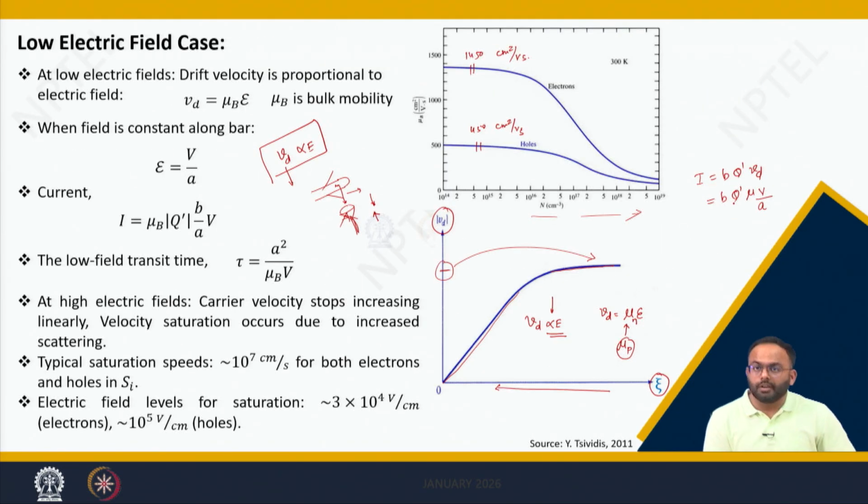So in the general case, we can rewrite this as B into Q dash into mu into d psi by dx. It means how the potential changes along the x direction, right?